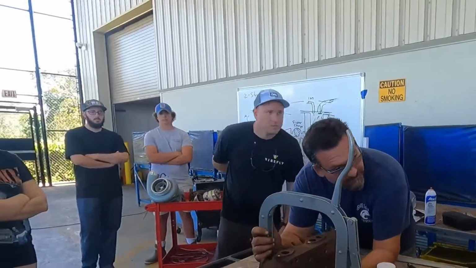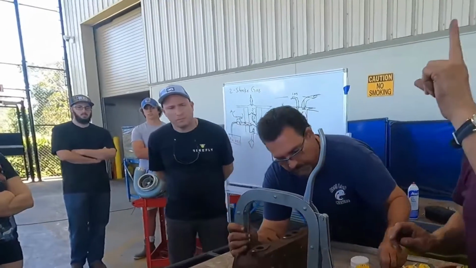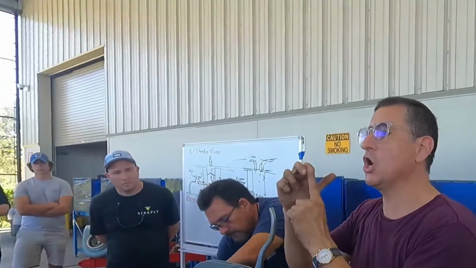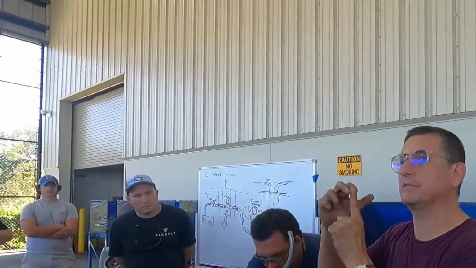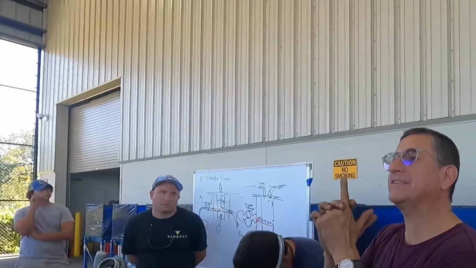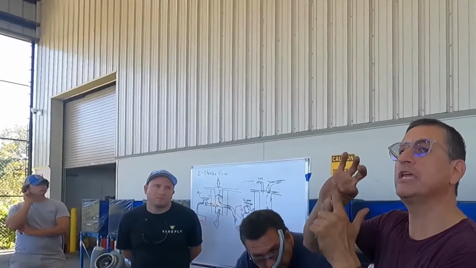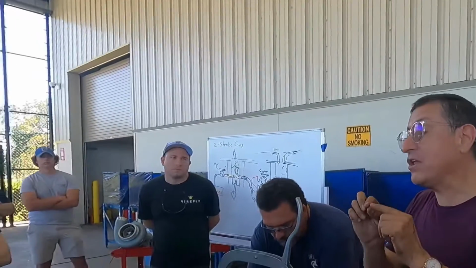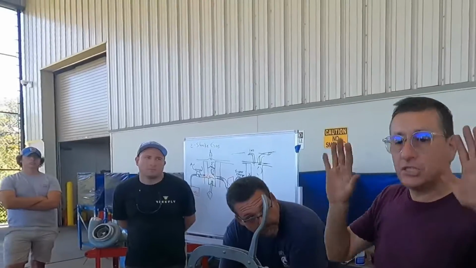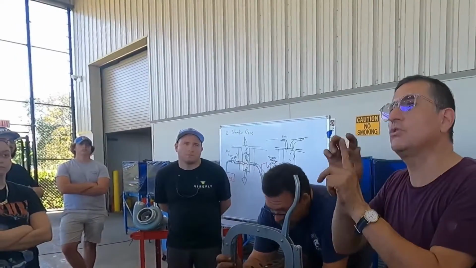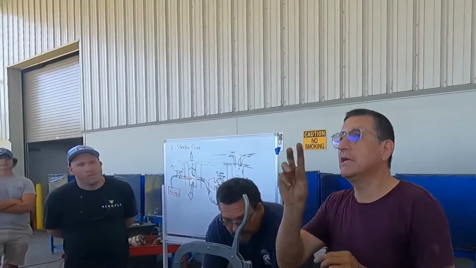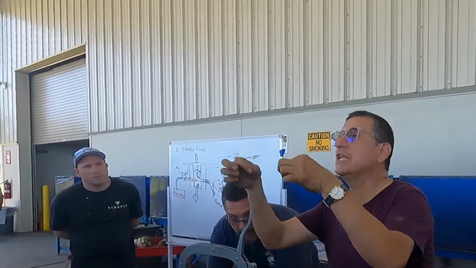Hey guys, pay attention. This is the valve, and there are a couple of pins, retainers or keepers. When the spring is compressed, those keepers come out, and with the magnet you can recover them. Be careful, if one of those falls on the ground, stop until you find those keys. If not, the project is finished. We need to keep those keepers in a plastic bag per each cylinder.